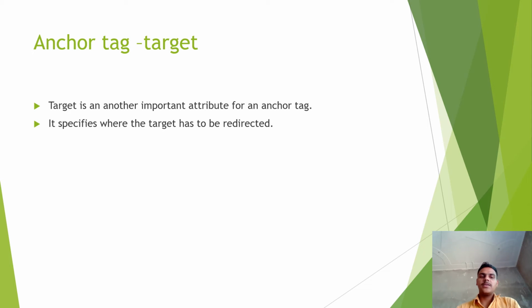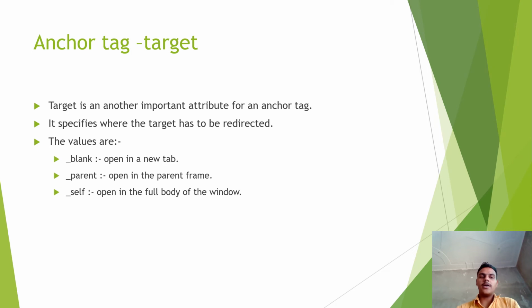It specifies where the target has to be opened. The values are underscore blank, used to open a page in a new tab; underscore parent, used to open the page in the parent frame; and underscore self, used to open the page in the full body of the window.